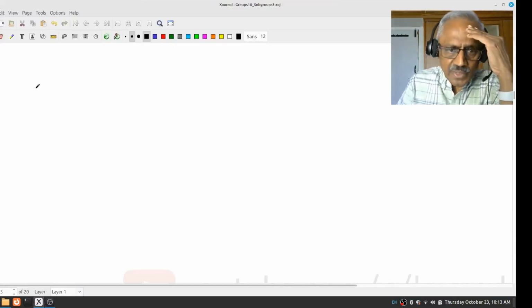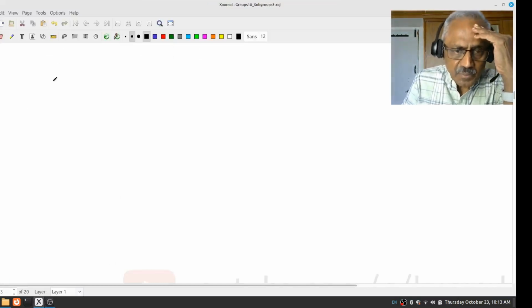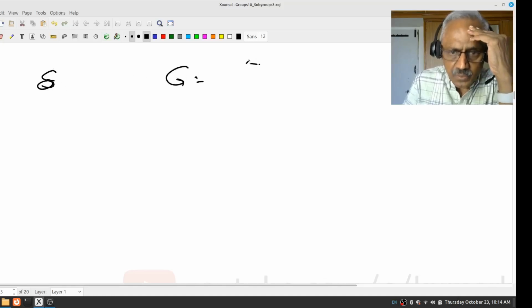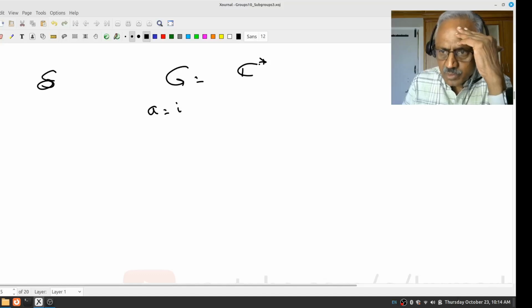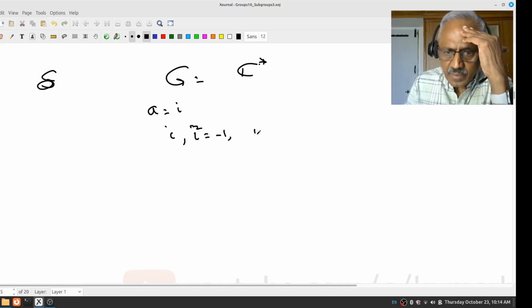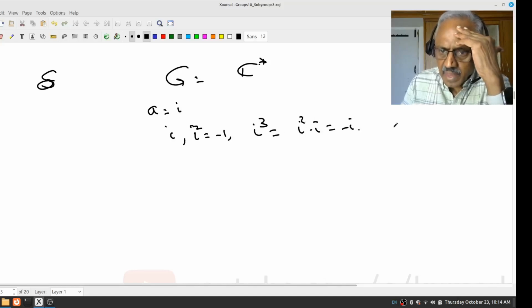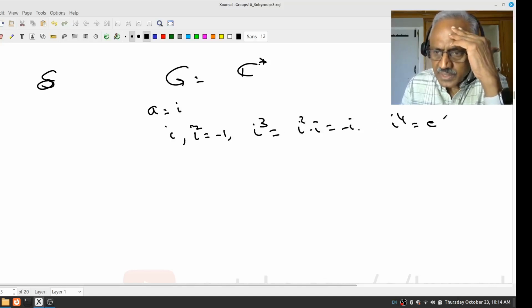Now let's look at some examples. Suppose I have C star, which is a group. Now let's take my a to be i, one of the square roots of minus 1. Then we know i squared is minus 1, i cubed, which is i squared into i, is minus i, and i to the power 4 is identity.